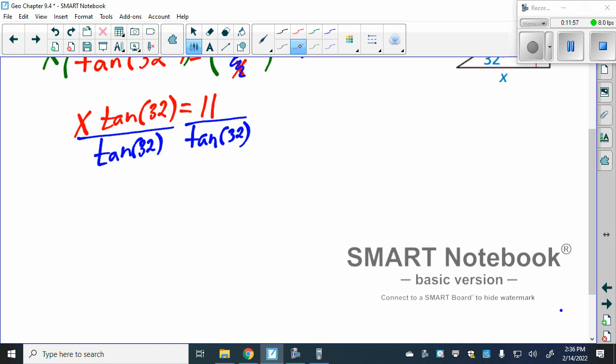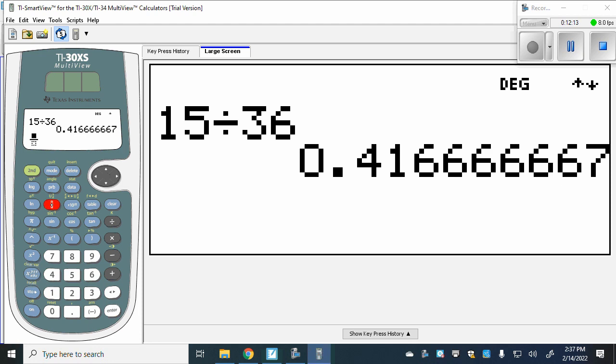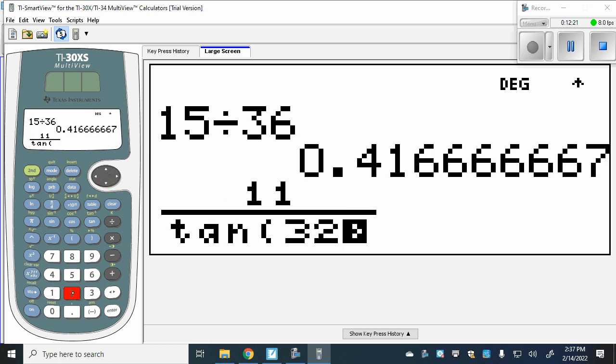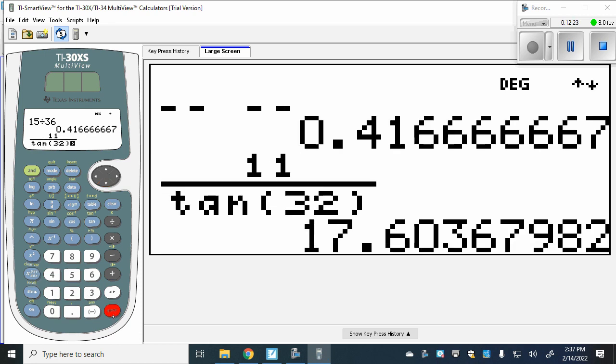Which will tell us that, well, these two cancel, saying x is equal to 11 divided by tangent of 32 degrees. And again, at this step here, we can pull the calculator up and say 11 over tangent of 32, which is 17.603678982.